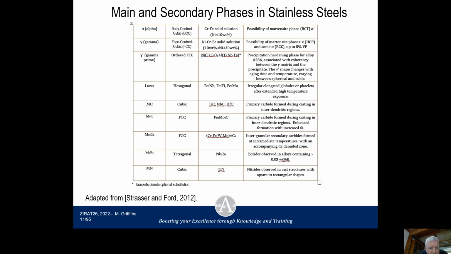There are Laves phases, typically shown here. I note they don't have, oh yeah, NbFe2, which is of particular interest for me because there's been quite a bit of controversy in the zirconium field about the existence of Laves phases in niobium alloys.